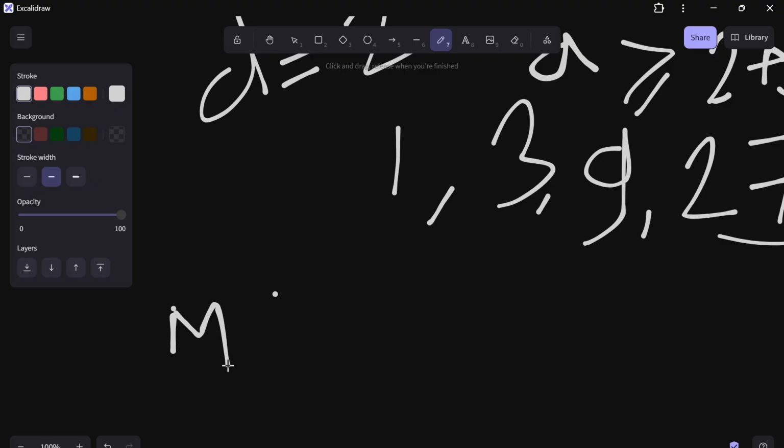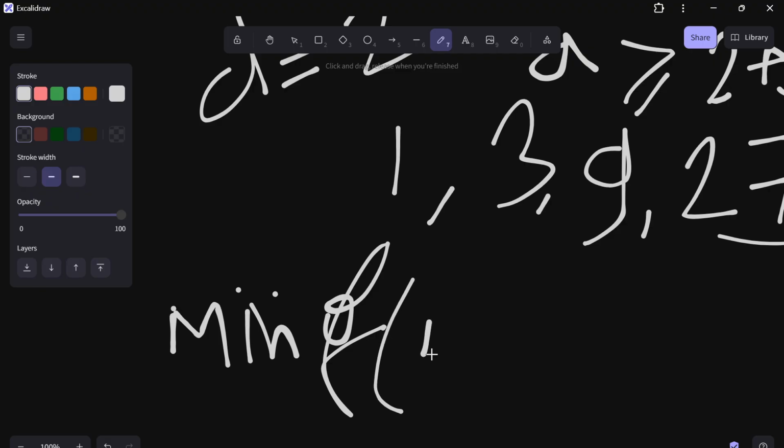We take the minimum of condition 1 and condition 2, and that will be the answer. So now let's see my code.